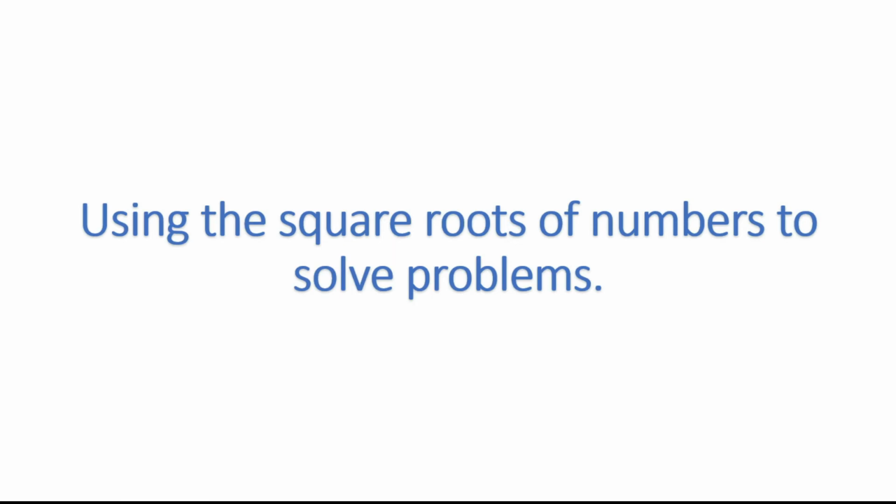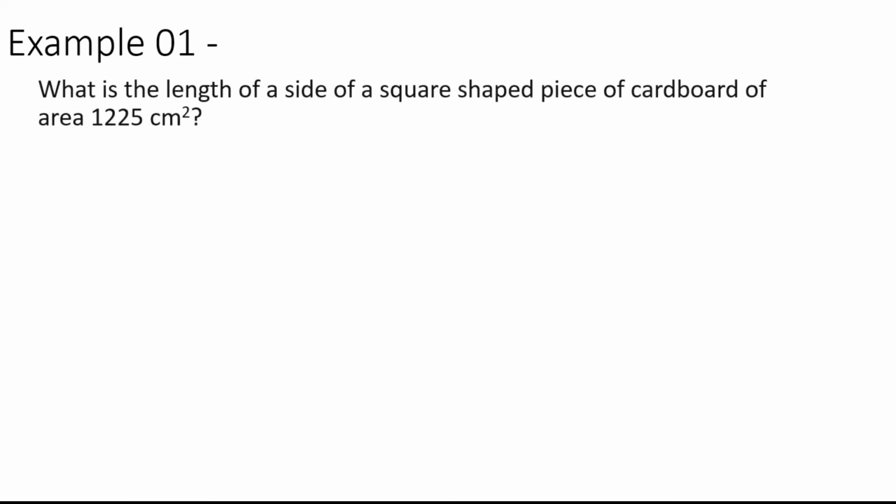Now let us look at how to use the square roots of numbers to solve problems. Example 1. What is the length of a side of a square-shaped piece of cardboard of area 1225 cm squared? Now this is the piece of cardboard, let's say, having an area of 1225 square centimeters.